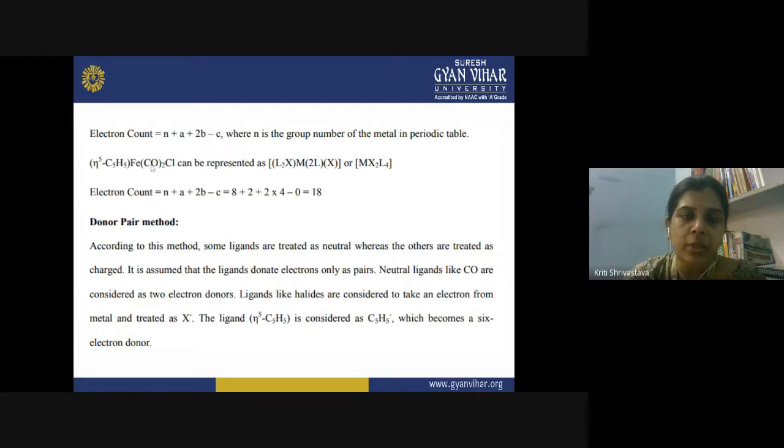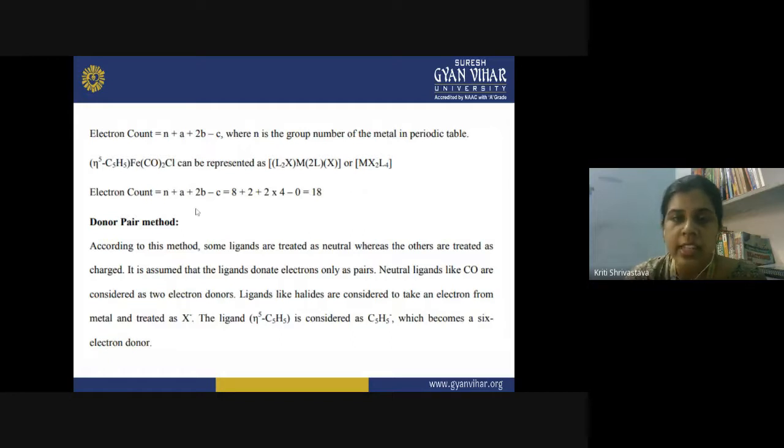CO twice, so two L's are there, and one Cl, which is an X type of ligand, so you write it like X. And in this manner, if you perform the addition of all these values, it becomes M, X2, and L4. So this is the common designation that can be given to such a complex. If you count the electrons, it comes to 18. So this was the example for the neutral method of electron counting.